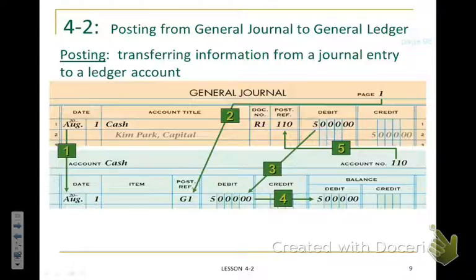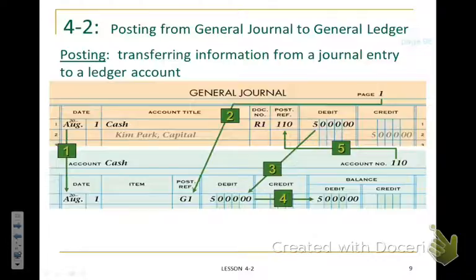The post reference is the page that this is coming from, okay? So it's coming from the general journal, page 1. And then we're taking the debit amount, that $5,000 amount, and we're placing it in the debit column. Then the important thing is bringing it over to the balance column, okay?